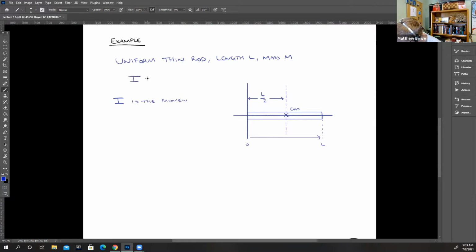It was I equals I center mass plus m h squared. Now you can see I is the moment of inertia from its current axis of rotation.